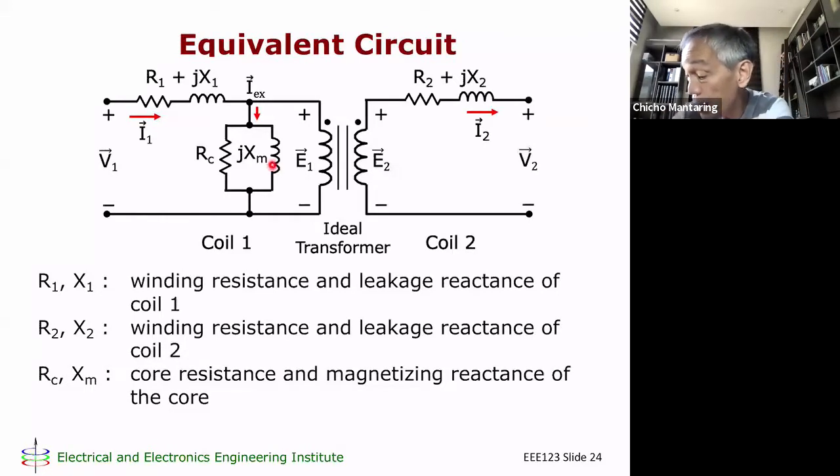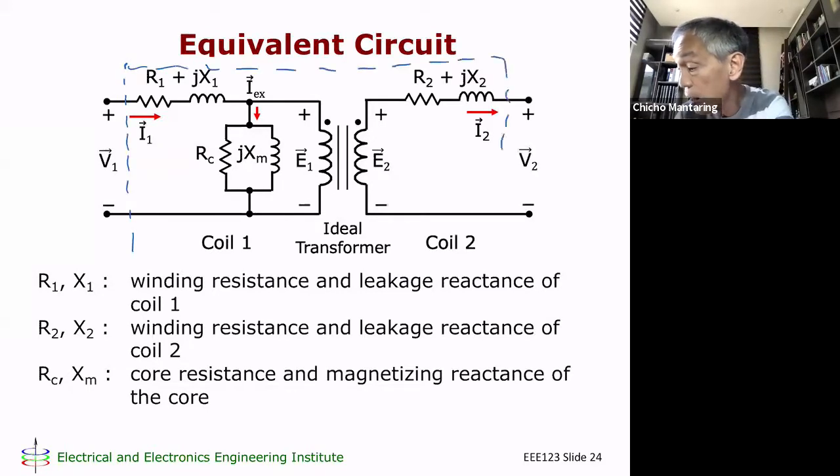And then X sub M takes into account the component of I1 that is needed to magnetize the core. So of this I1, not all of it goes through here. There's a component here to magnetize the core. That is your excitation current. And then in the middle of this is an ideal transformer. So this is actually your transformer.